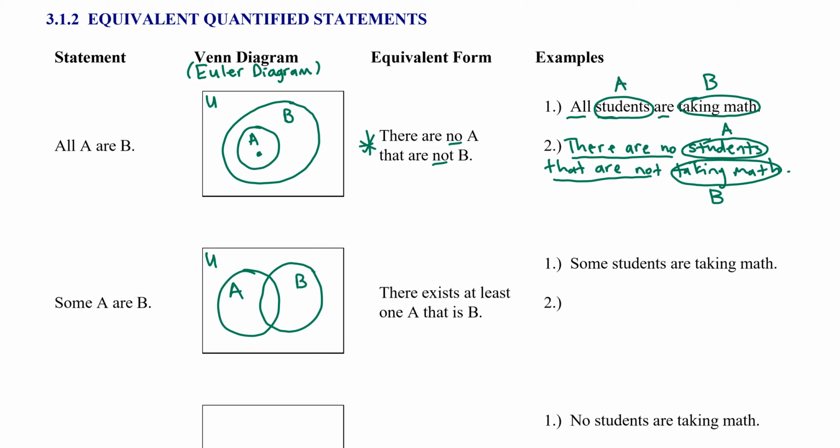What we want to do is take the patterns established by these two equivalent statements and apply them to a specific example. Statement number 1: some students are taking math.